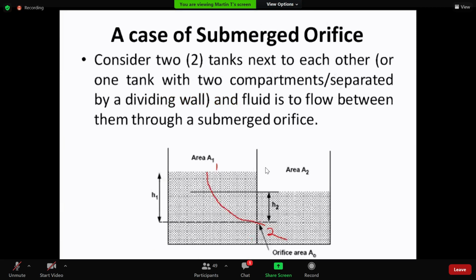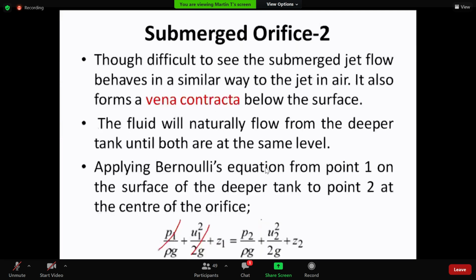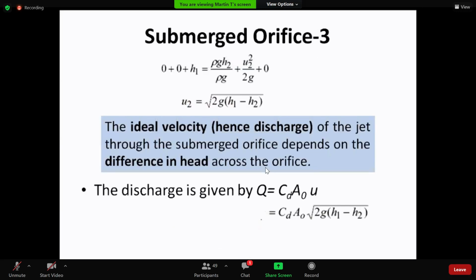P2 is at this point, which is in the second tank, and it is at a pressure which is caused by this column of fluid above it. So the pressure at point 2 is given by the height of the fluid column above 2, which is H2 rho G. And U2, of course, is the velocity that we are trying to determine.